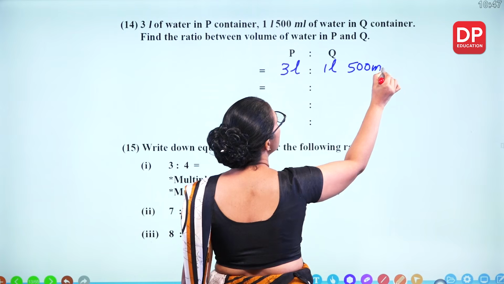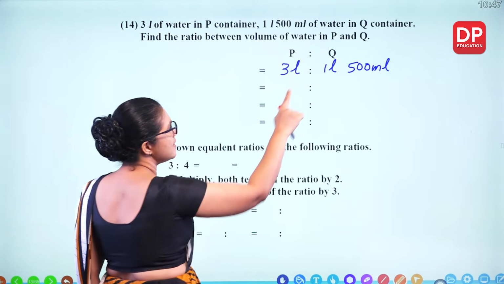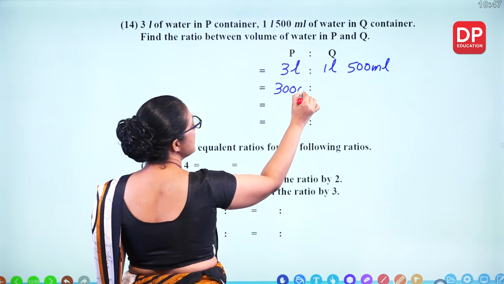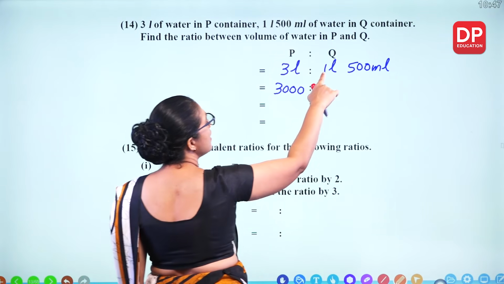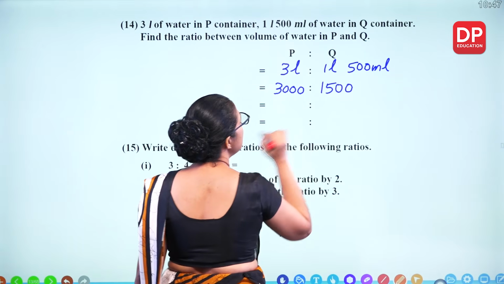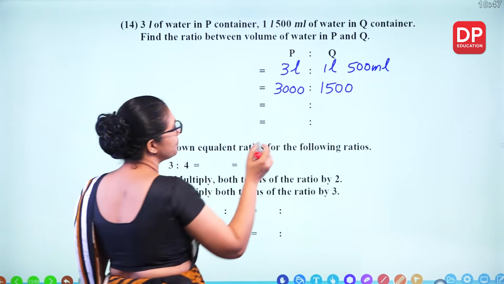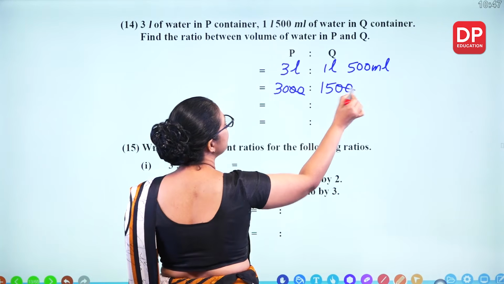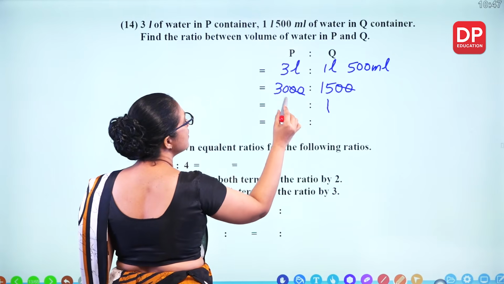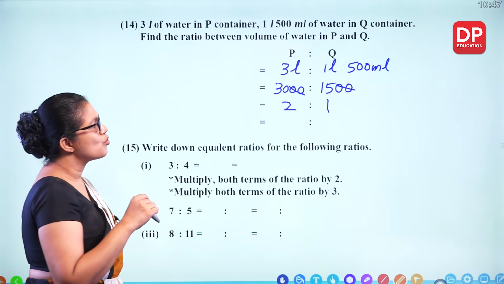It's better to convert everything to milliliters, because this is liters and milliliters. So here this becomes 3000 milliliters. Here 1500 milliliters. No need to write down the unit. Divide by 100 and divide by 15. You get 1 and 2. So the ratio is 2 to 1.